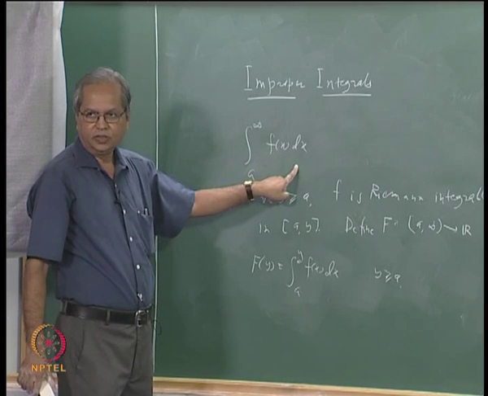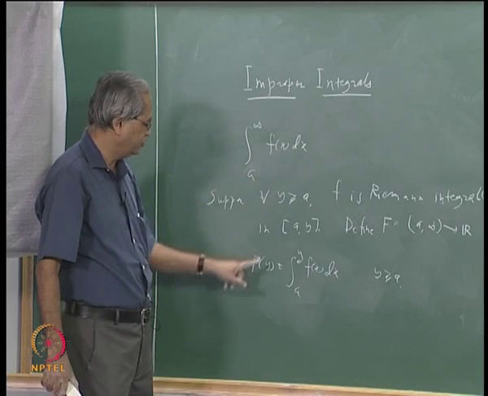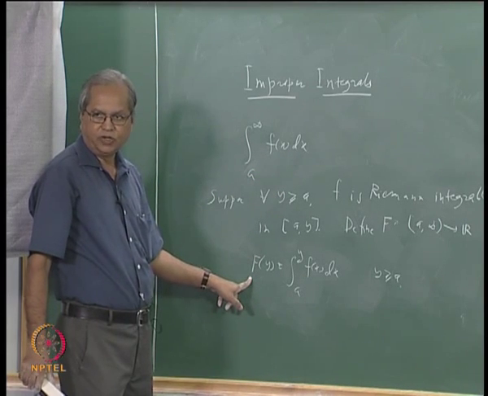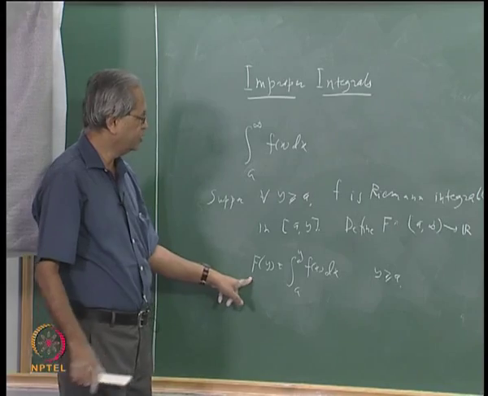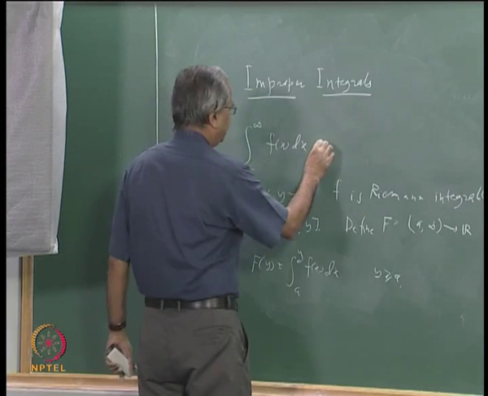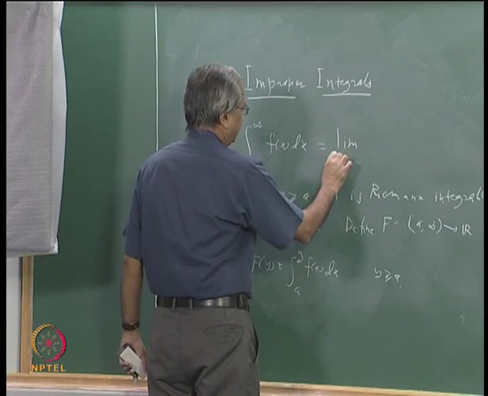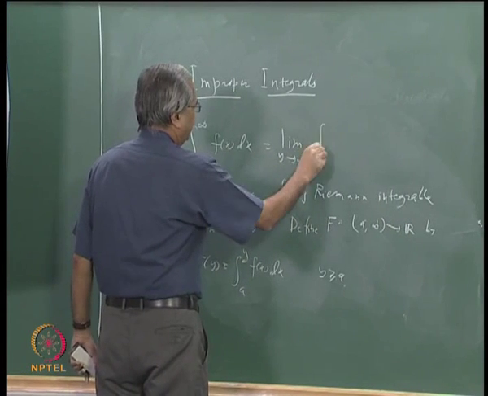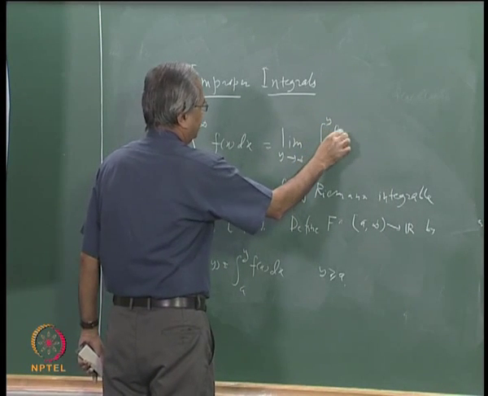That means this is nothing but the value of the limit of F(y) as y goes to infinity. So in symbols we can write this as the limit as y tends to infinity of integral a to y f(x) dx.